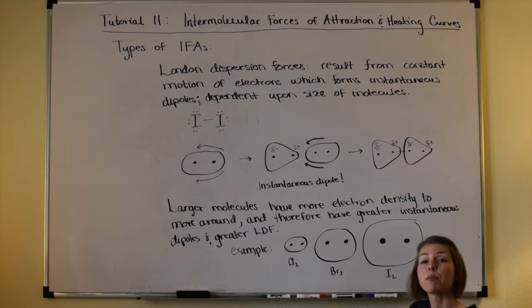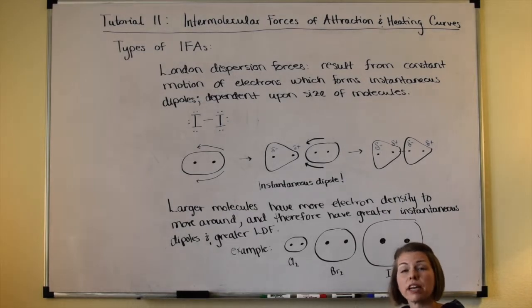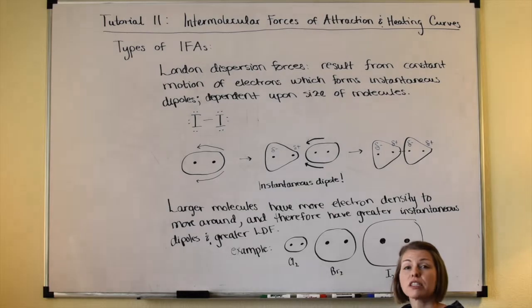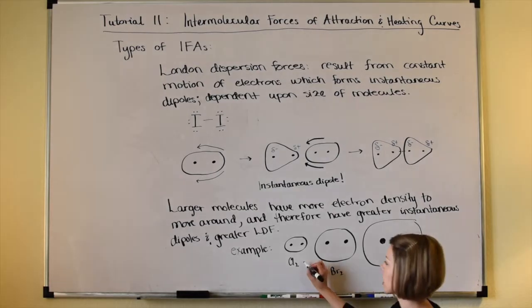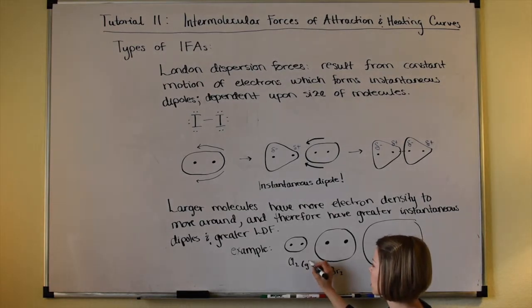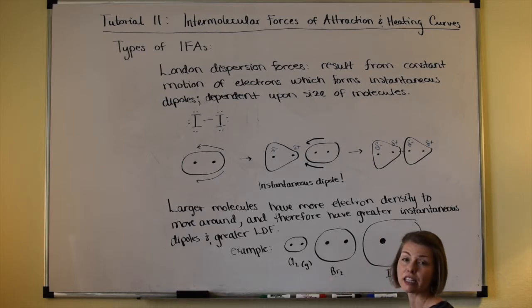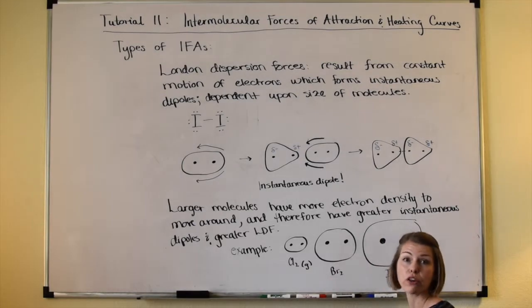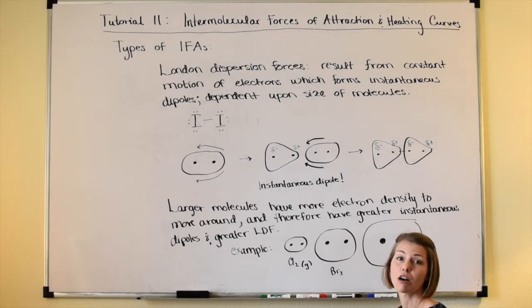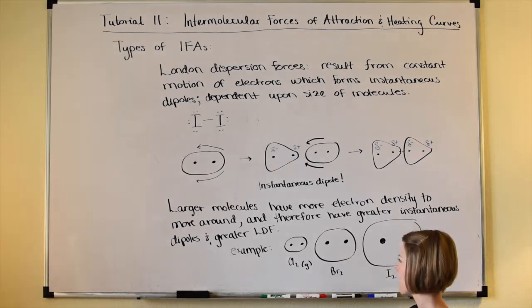And if you looked up the melting points and boiling points for these three substances, you would see that chlorine is a gas. Its melting point and boiling point are both below room temperature. It has boiled long before the temperature of room temperature, which is around 23 degrees Celsius.